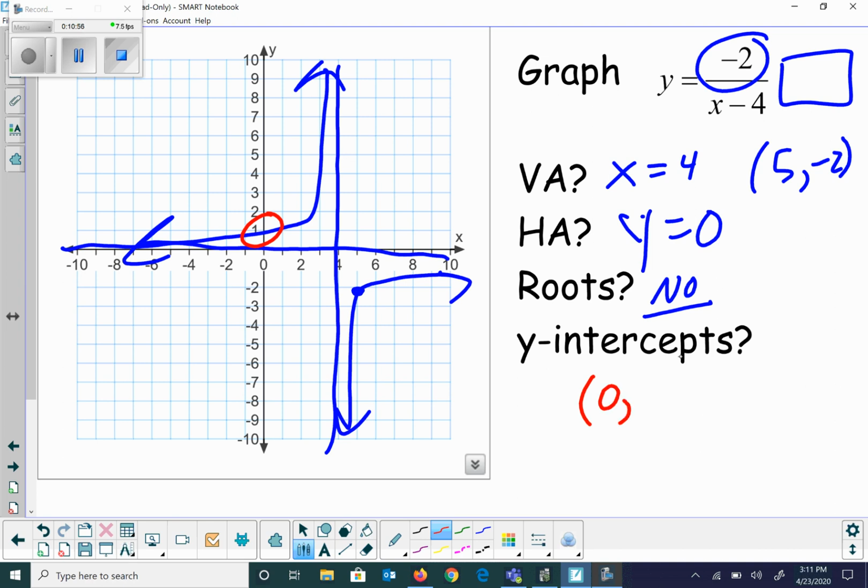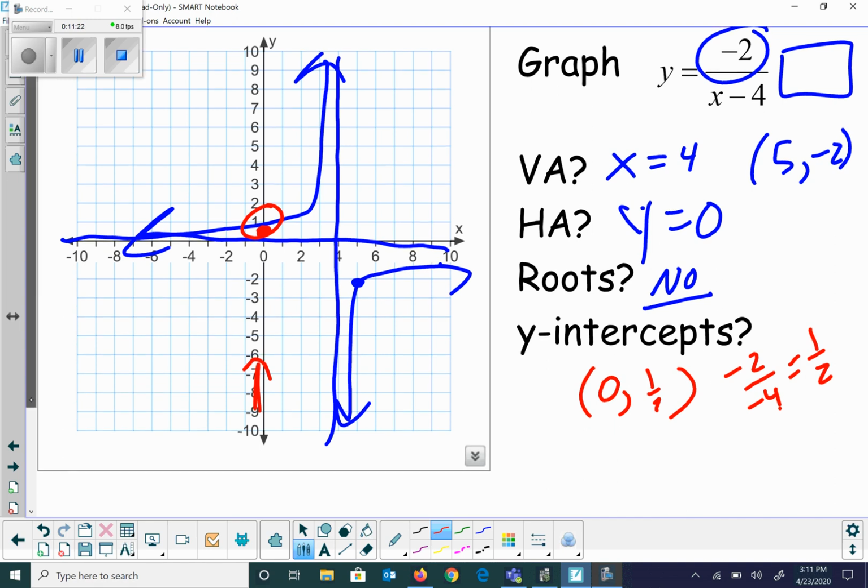Well, if you plug 0 in for x, that's going to tell you where it's going to cross this line someplace. So I get negative 2 over 0 minus 4, which is negative 4, so that becomes 1/2. So yeah, I was off a little bit, so it should have crossed down there. But I was just trying to draw it in. But this one does indeed cross the y-axis. Didn't cross the x-axis yet, but we'll get there eventually.